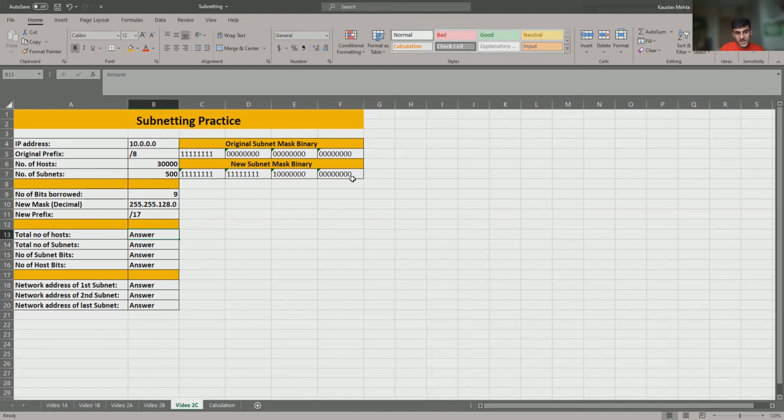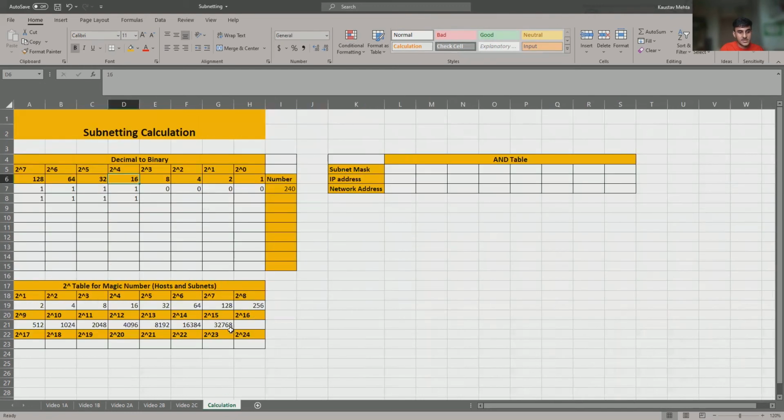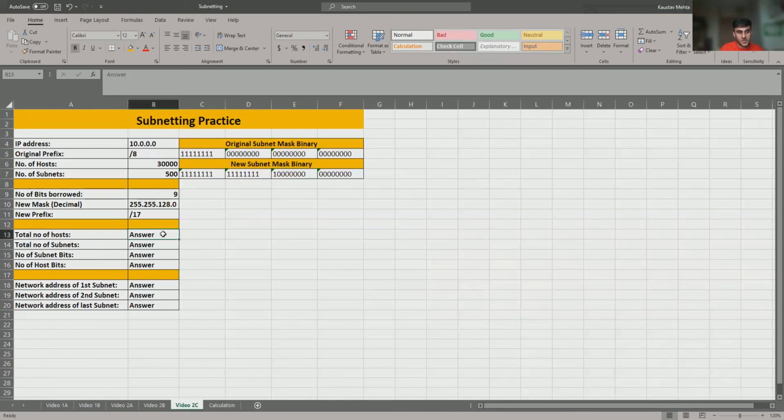Since we have 8 plus 7, 15 bits, using our table we can check that 15 bits is 32,768 minus 2, 1 for the network and 1 for the broadcast. That gives us 32,766. Total number of subnets will be 512 because you're borrowing 9 bits, and 2 to the power 9 is 512. Subnet bits will be 9. Host bits will this time be 15.